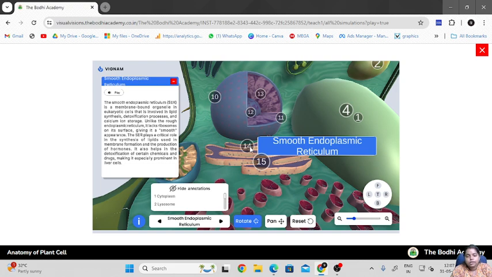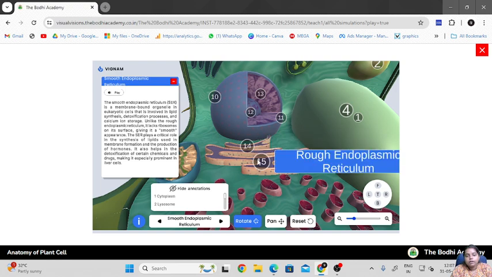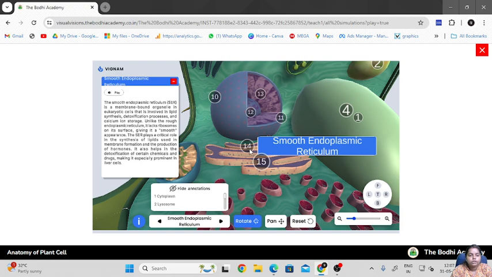They are called smooth because of the absence of ribosomes. When we say rough endoplasmic reticulum, that means there is a presence of ribosomes. So when ribosomes are present on the endoplasmic reticulum, they are called rough, and in the absence of ribosomes they are called the smooth endoplasmic reticulum.